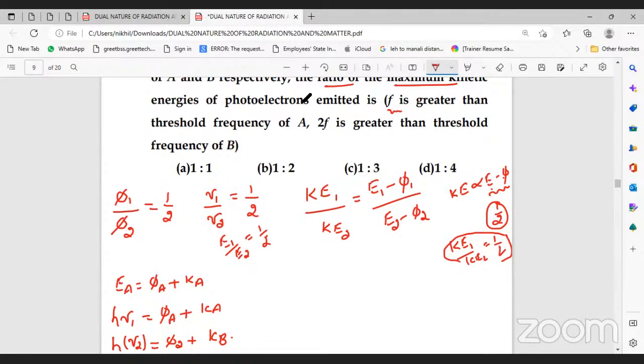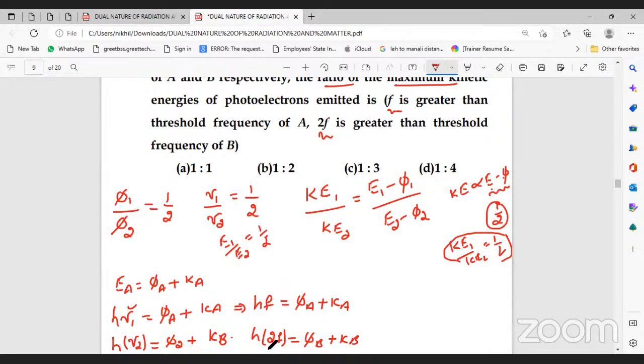F is greater than the threshold frequency of A. So this can be taken as hF equals phi A plus KA. But the second frequency becomes 2F. h into 2F equals phi B plus KB.